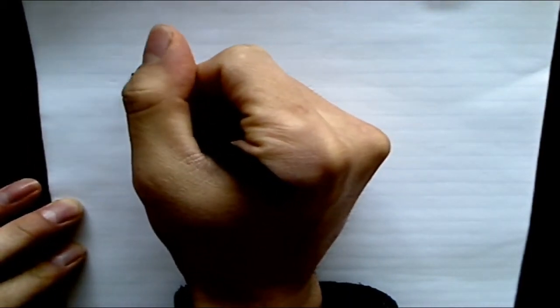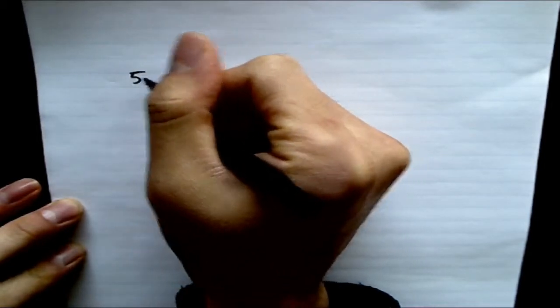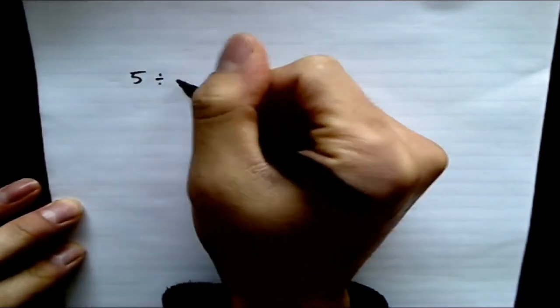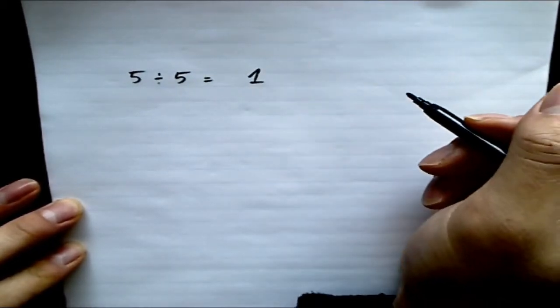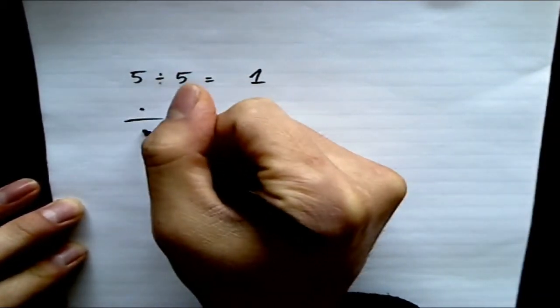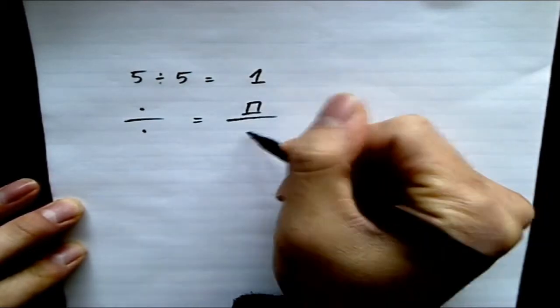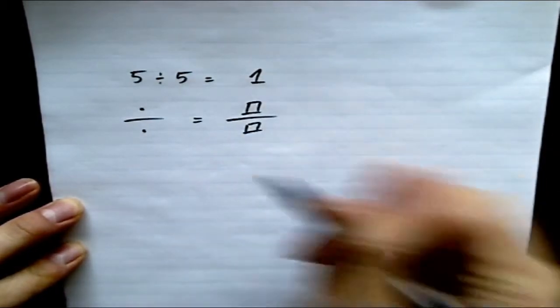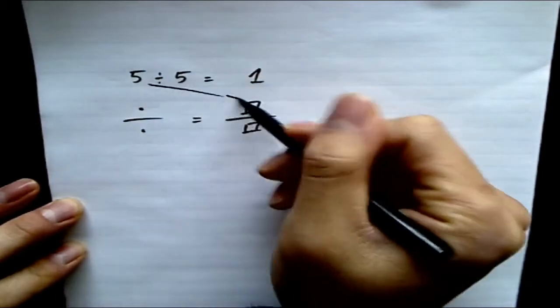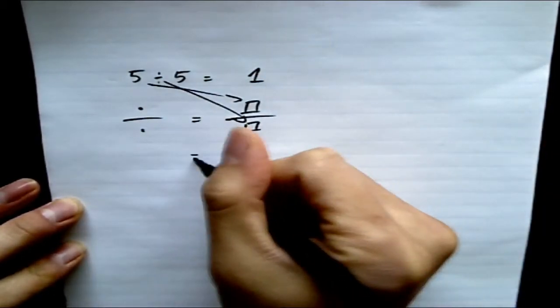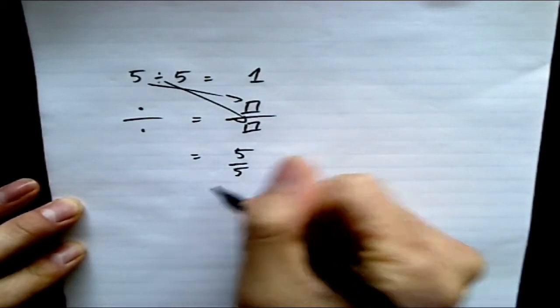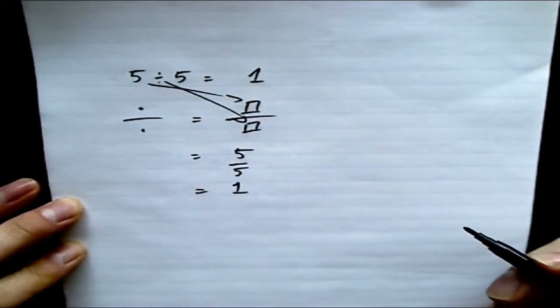So imagine that we had, say, 5 divided by 5. You know the answer is 1, right? Now, a division symbol is basically a fraction symbol. You're going to put the top number in. You can put the bottom number as well. So it becomes 5 on 5, and that will equal 1.